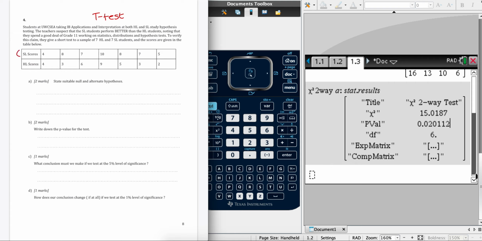So we've got two different samples, and we're looking to see if they're the same or if there's a difference between them based on the sample of SL or HL. So the first part is to state the suitable null and alternative hypothesis. The null hypothesis is going to be H0, and that's that the SL and the HL scores are exactly the same as one another.